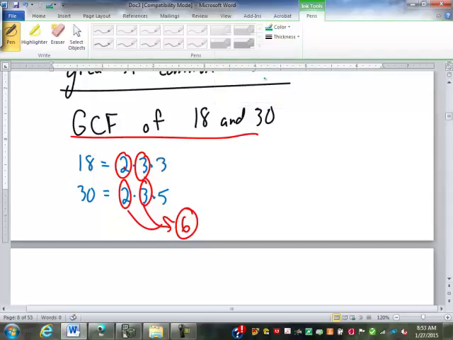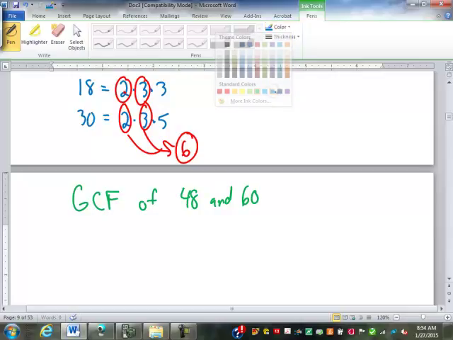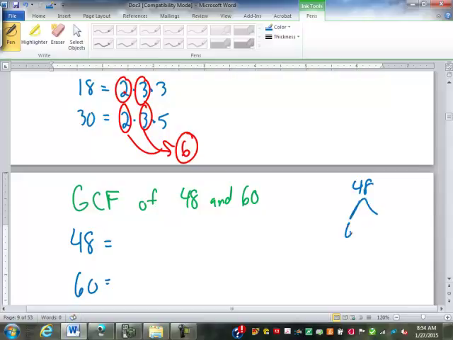Let's do another example. Let's find the greatest common factor of 48 and 60. So we're going to factor 48, and we're going to factor 60. 48 would be, what, 6 times 8? Either of those prime? No. 6 splits into 2 times 3. 8 splits into 2 and 4. 2 is prime. 4 splits into 2 and 2.